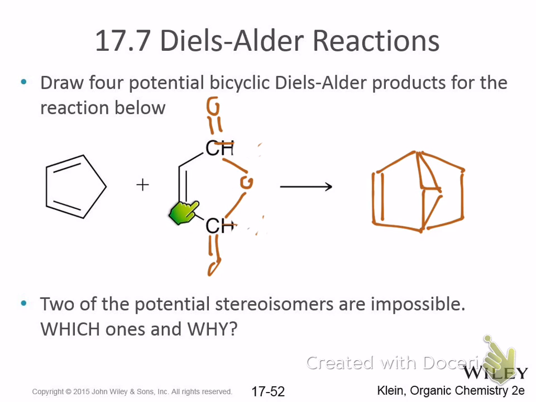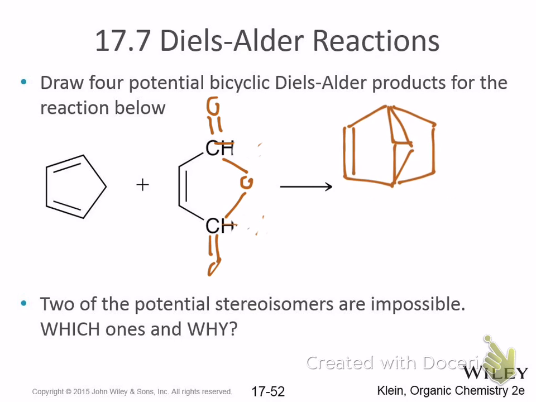Because they're cis with each other, they can be either up or they can be down. So in drawing the two possible product molecules, let's do this. The pen's acting funny.